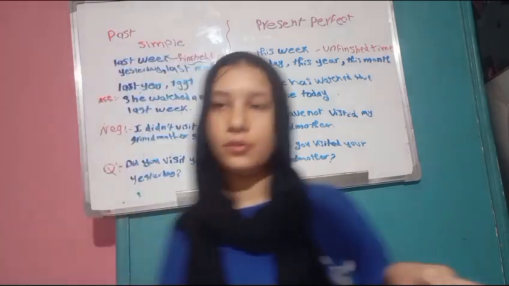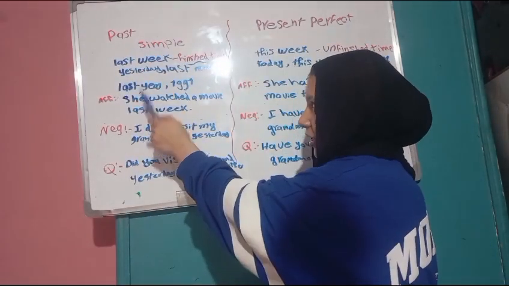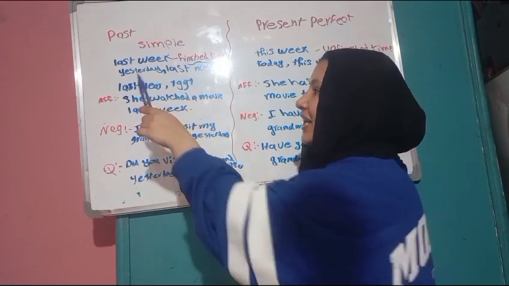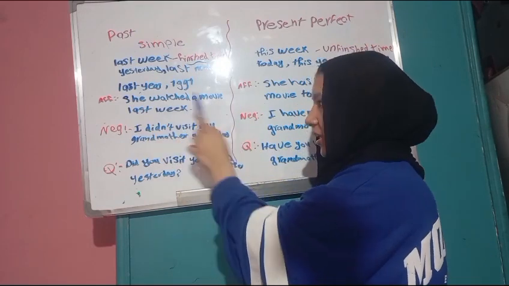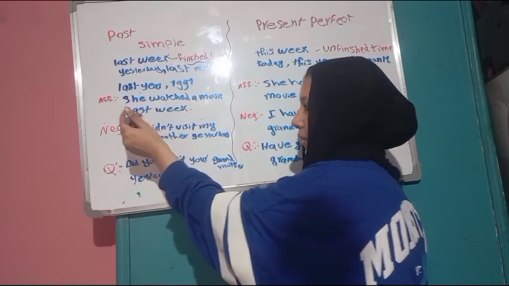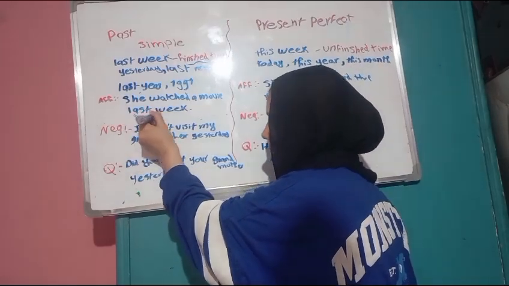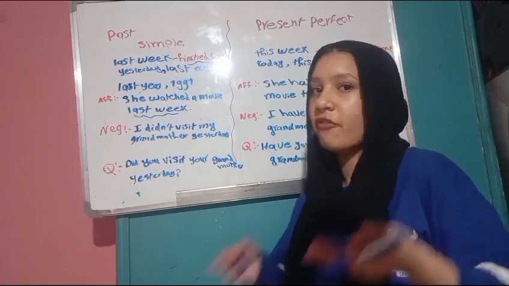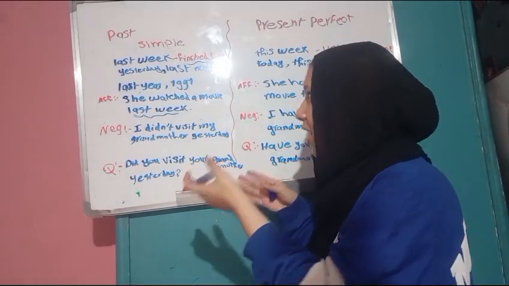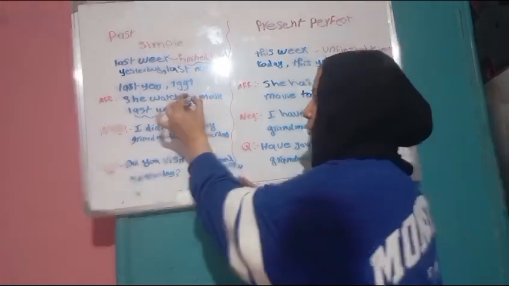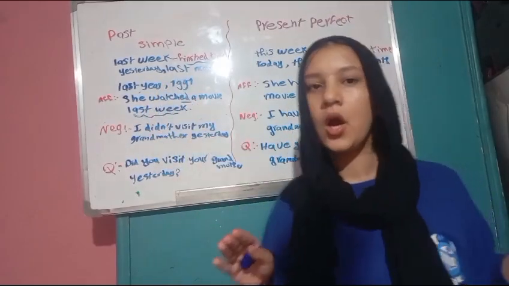For example, in the past simple: she watched a movie last week. As you see here, last week is finished time, so we say this is past simple, and I put ed.